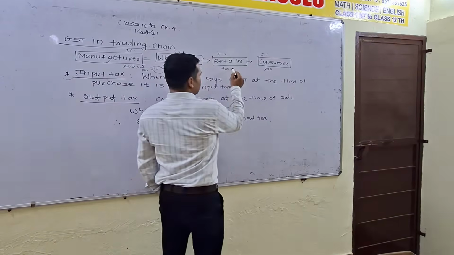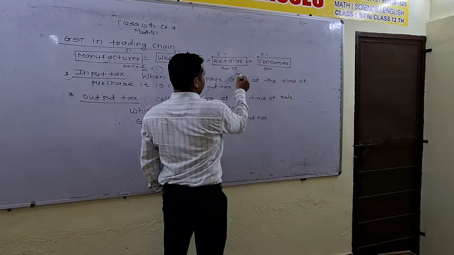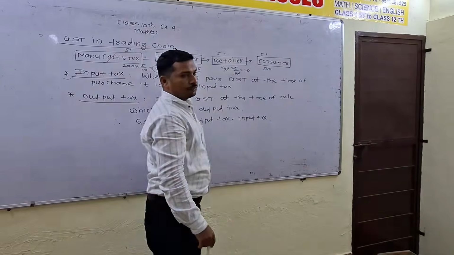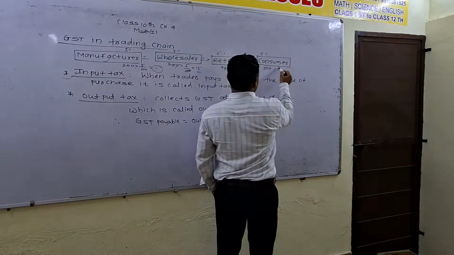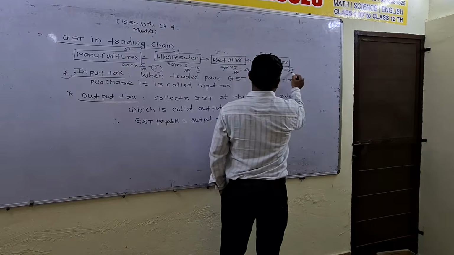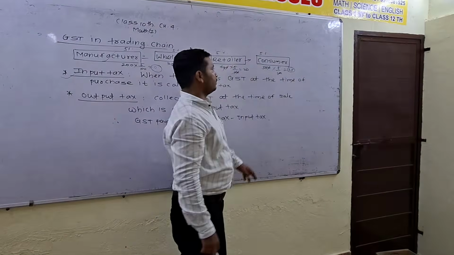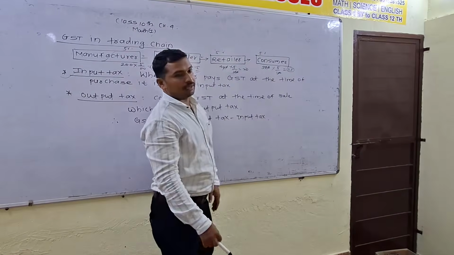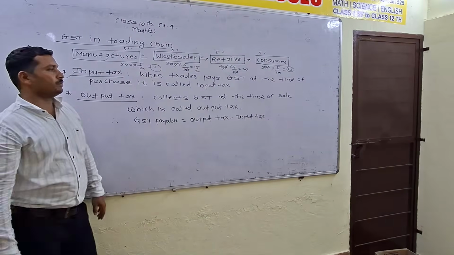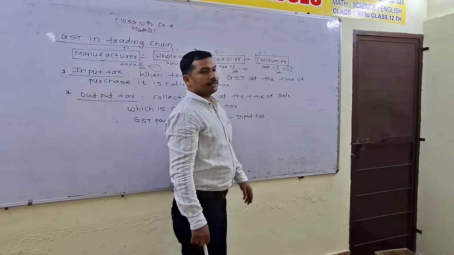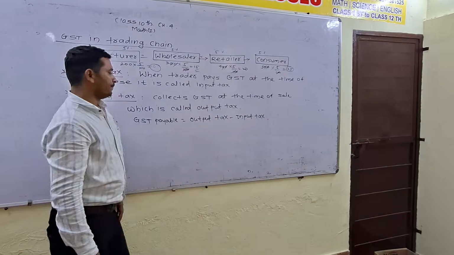In the same way, multiplying by 5 upon 100, 4 fives are 20, so the retailer pays 20 rupees GST. The last one, 5 fives are 25. The taxable value is 500 and GST is 25, so the customer buys the object for 500 plus 25, 525 rupees.